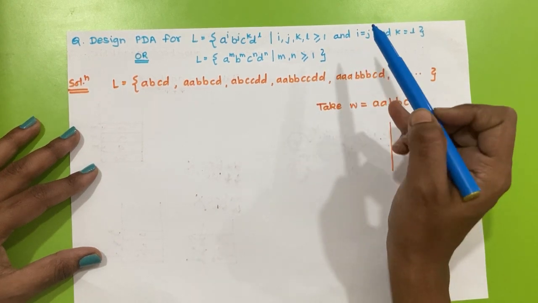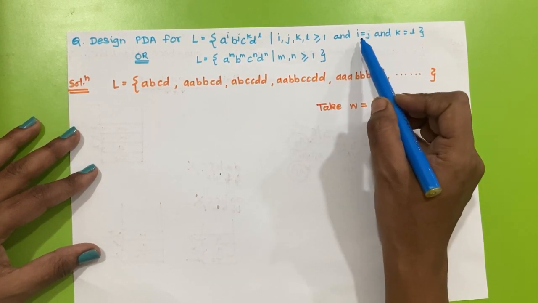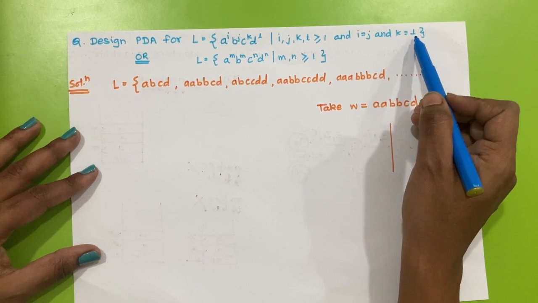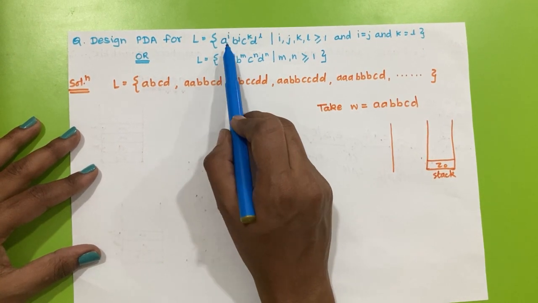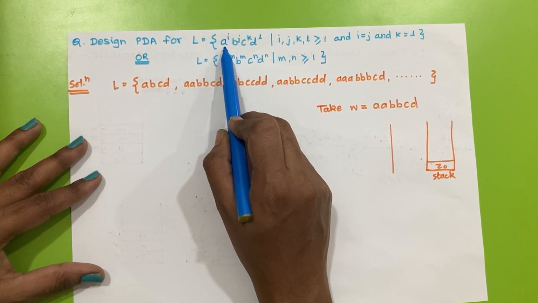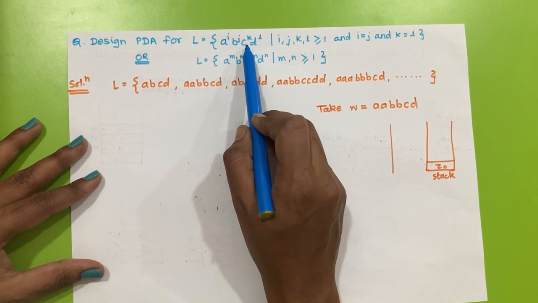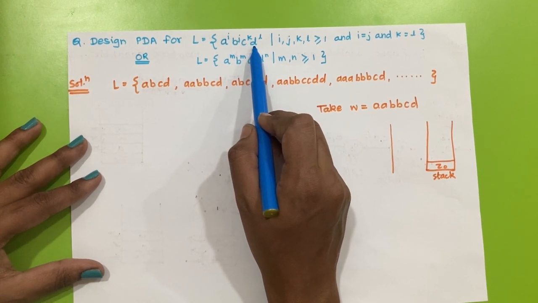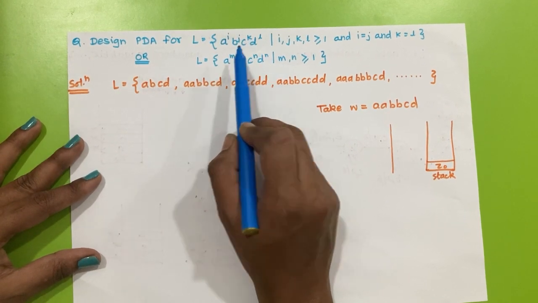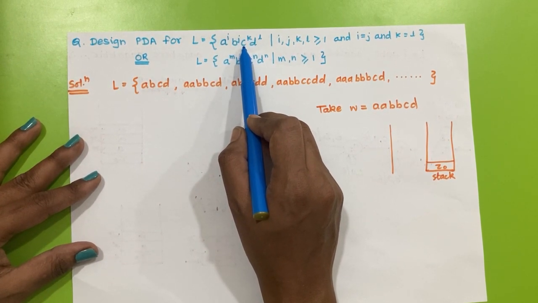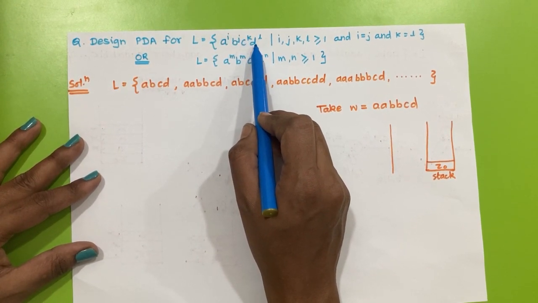And here one more condition is there, that is i equals j and k equals l, means we have number of A's followed by equal number of B's and number of C's followed by equal number of D's. Okay, means number of A's equal to number of B's and C's equal to number of D's.